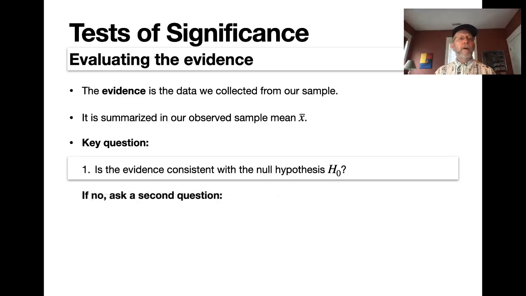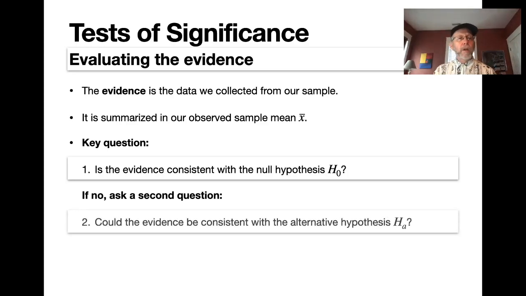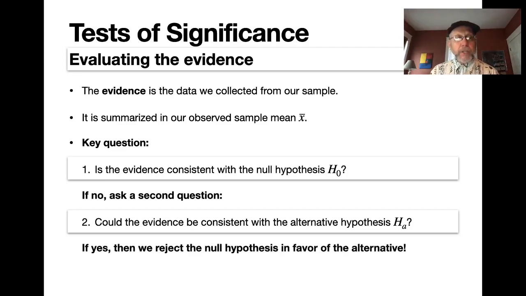What if the data are not consistent with the null hypothesis? Well, then we need to ask a second question. Could the evidence, the data, be consistent with the alternative hypothesis, H sub A? If the answer there is yes, then we should reject the null hypothesis in favor of the alternative. That makes sense, right?